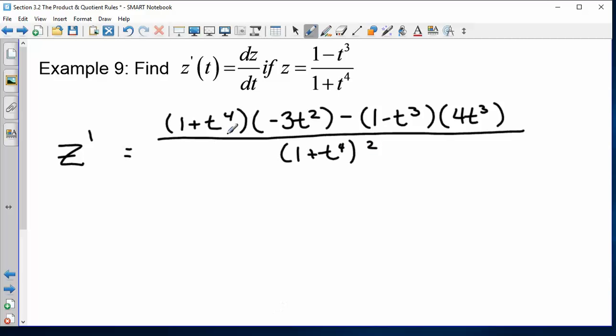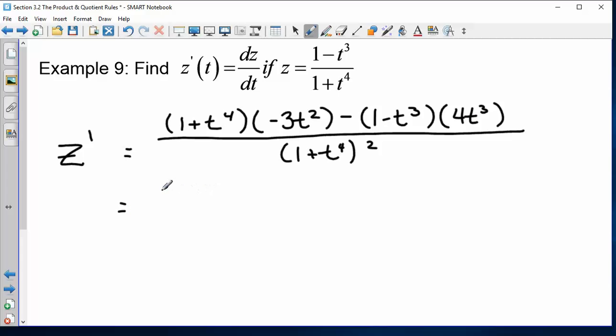So you do high, low, d high, derivative of the top is your negative 3t squared, minus high, d low, derivative of the bottom is 4t cubed, over low squared.